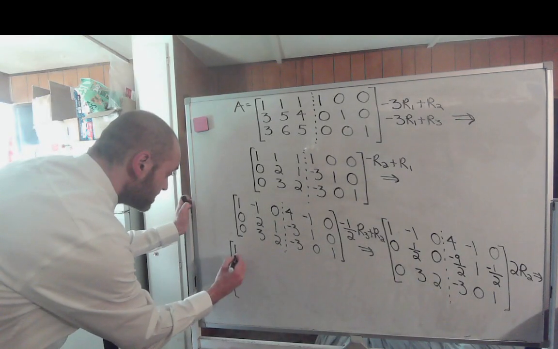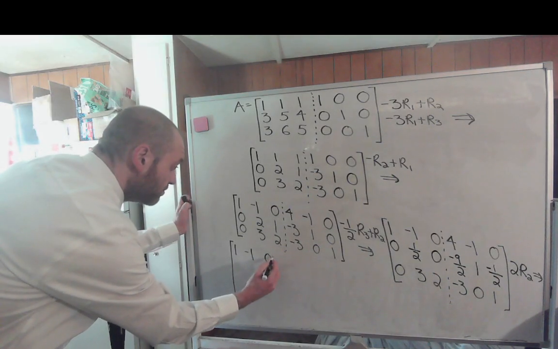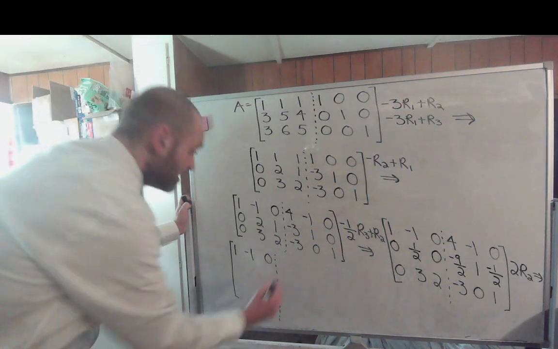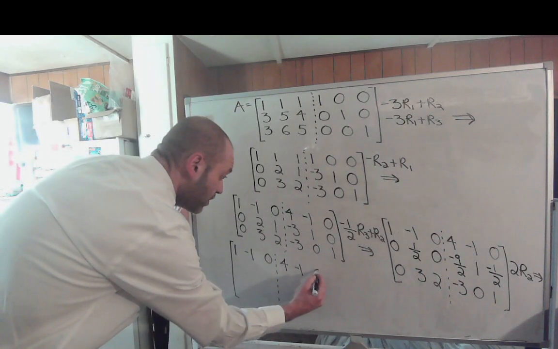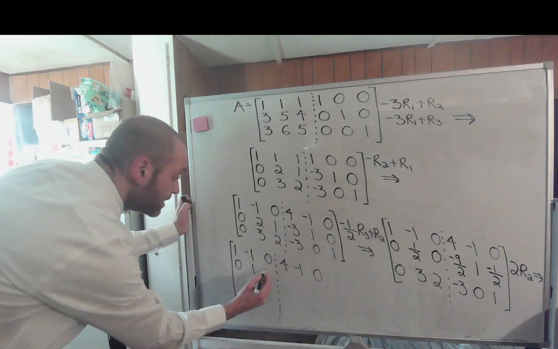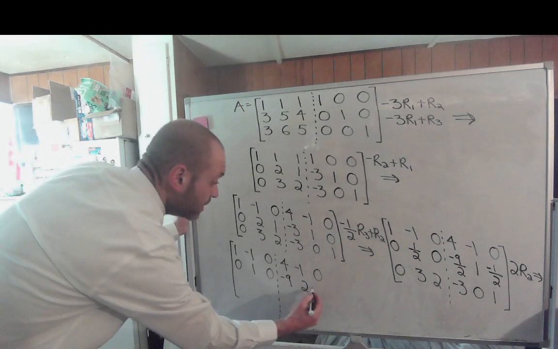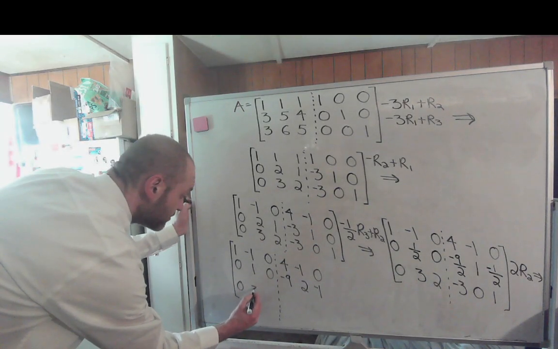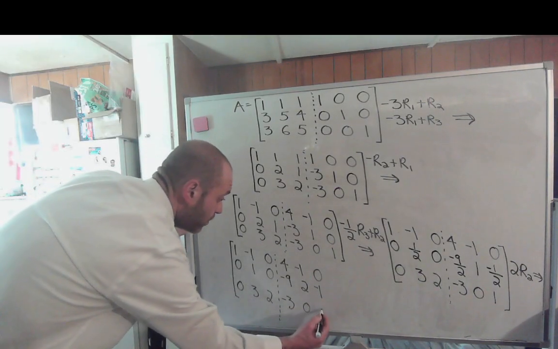So row 1 is being left alone, 1, negative 1, 0. And then I'll have 4, negative 1, 0. All right, 2 times row 2, you'll get 0, 1, 0, negative 9, 2, negative 1, and then row 3 is left alone. 0, 3, 2, negative 3, 0, 1.